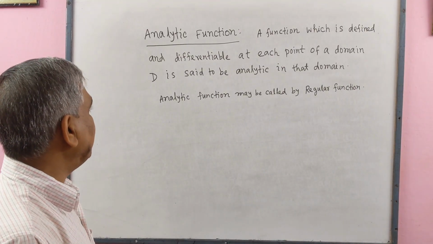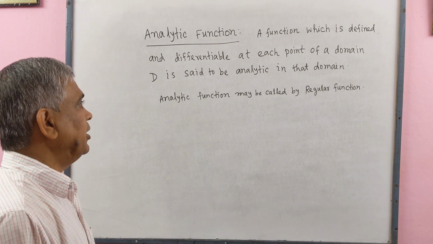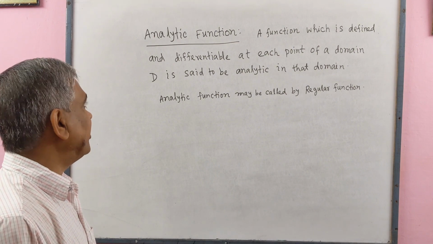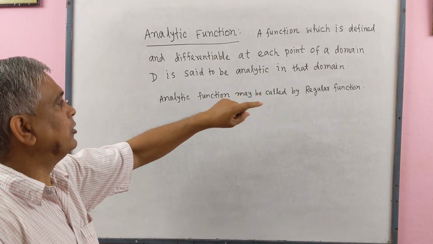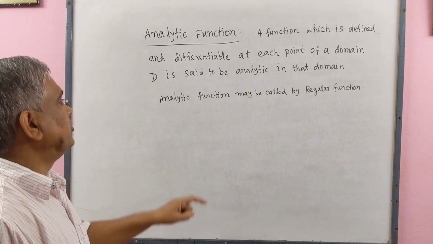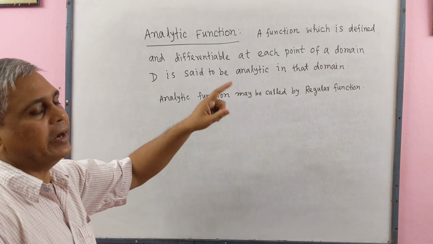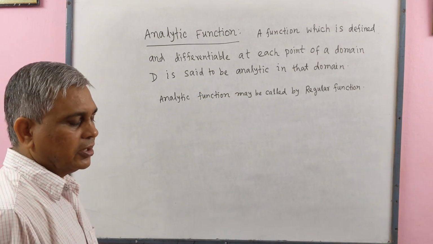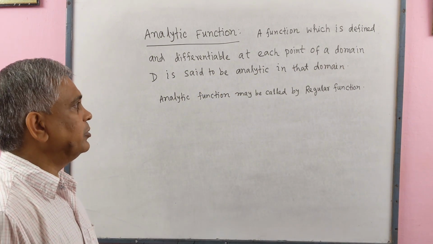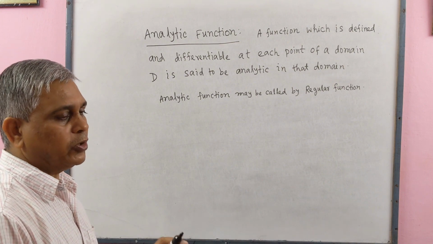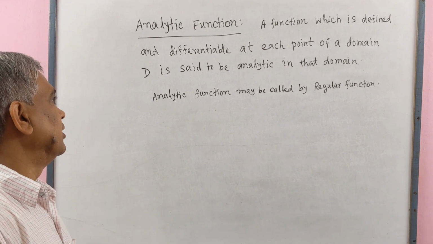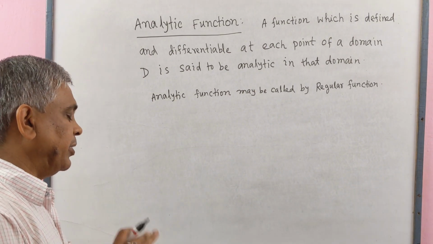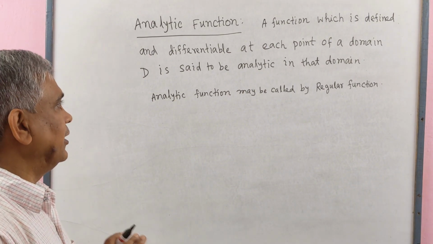Now we define analytic function. A function which is defined and differentiable at each point of a domain D is said to be analytic in that domain. Means the function is differentiable at each point of the given domain. Then the function is called analytic.